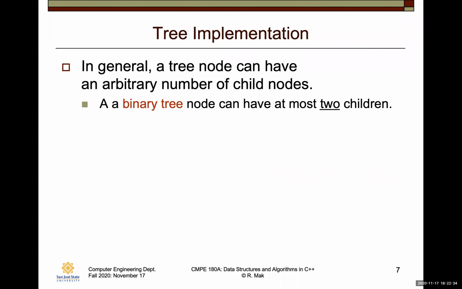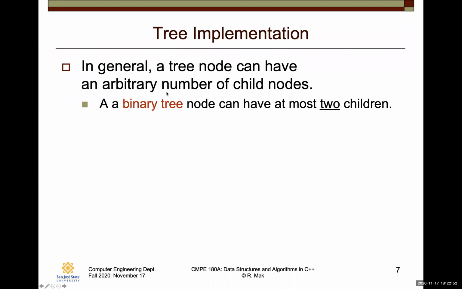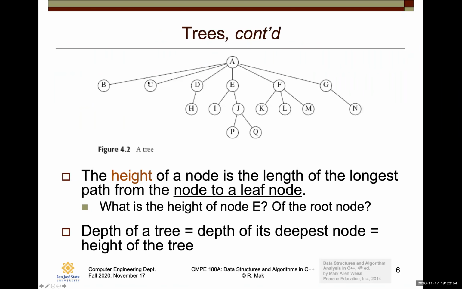All right, well, how do we implement a tree? Here is a conceptual picture of a tree, but if you were to actually write code to represent a tree, how would you do it? There are various schemes. A tree node can have an arbitrary number of child nodes. So here, A has 1, 2, 3, 4, 5, 6 children, and E has 2 children, F has 3, and so forth.